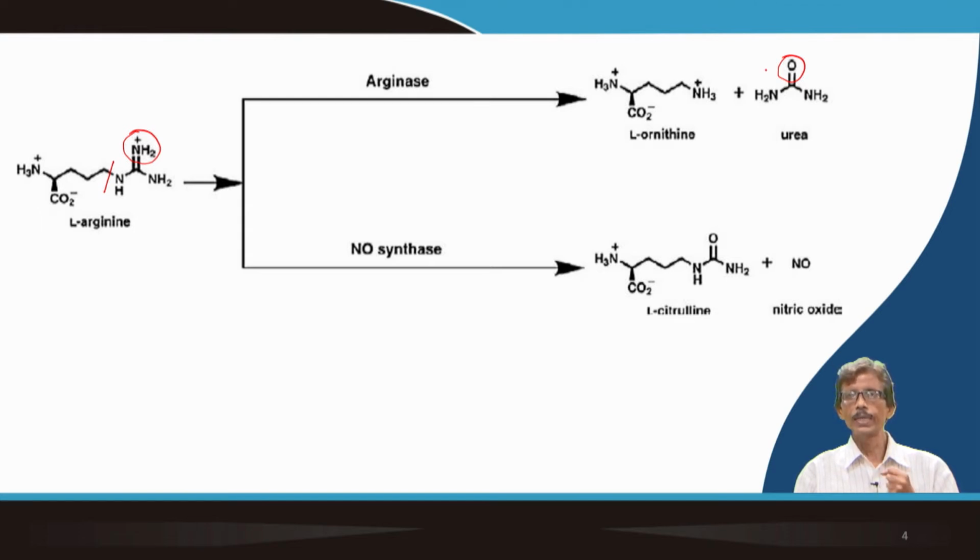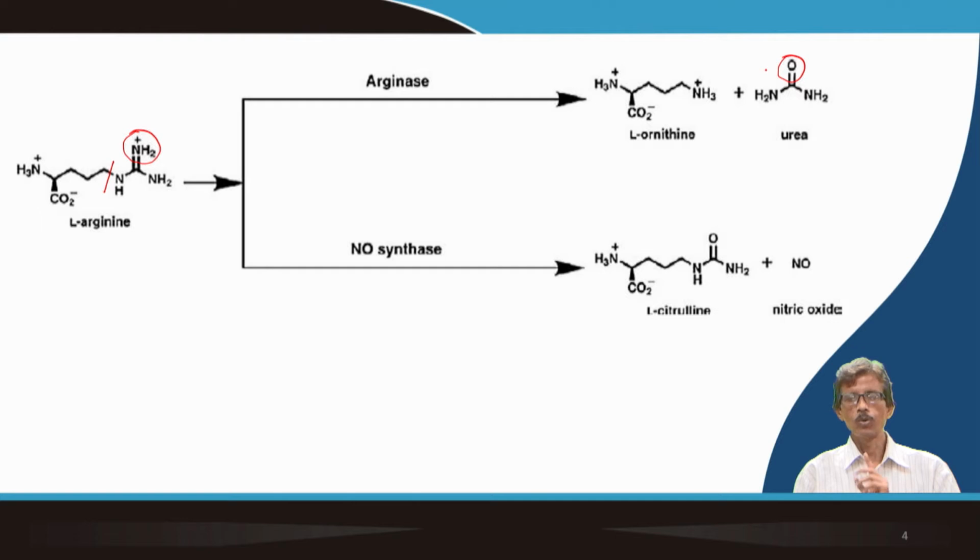Try to remember and compare the structure of this ornithine with some essential or naturally occurring amino acids, and see what the change is, because this sort of amino acid is also available to us, where you have a big spacer unit and then you have the NH2 function, which after protonation gives you NH3 plus.